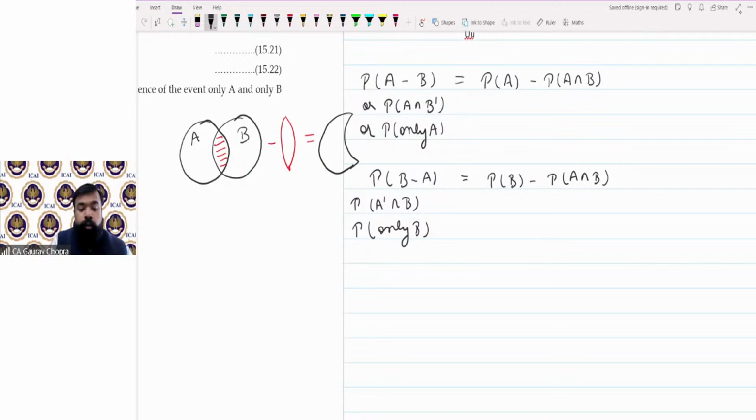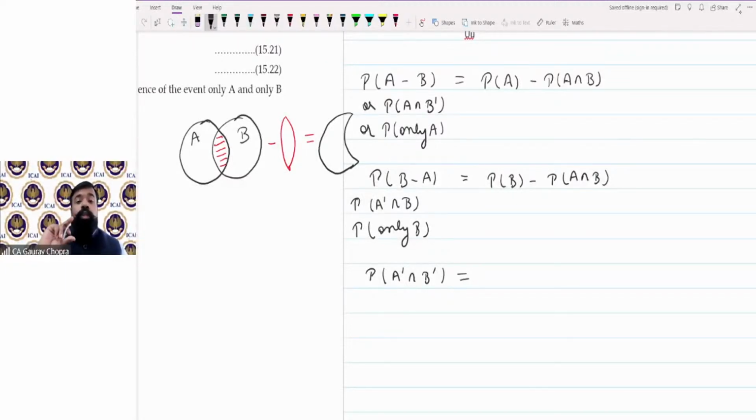Now, the next formula which we can understand here, if it is A dash intersection B dash. So what will be the formula for this? So in this case, what to do? Reverse everything.